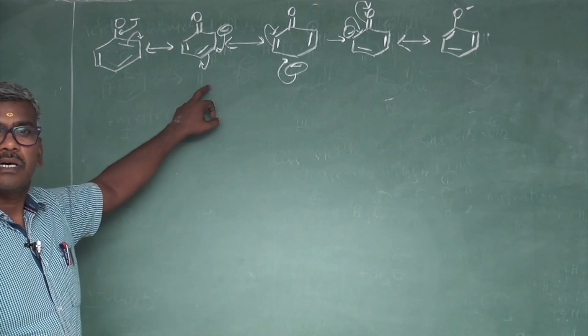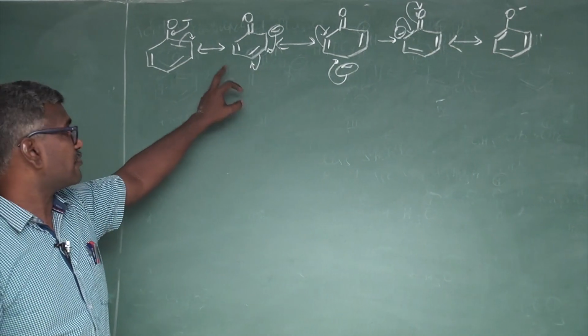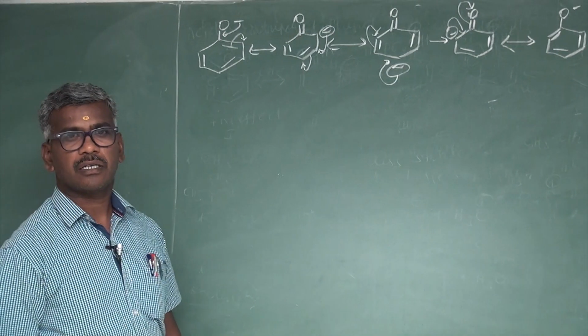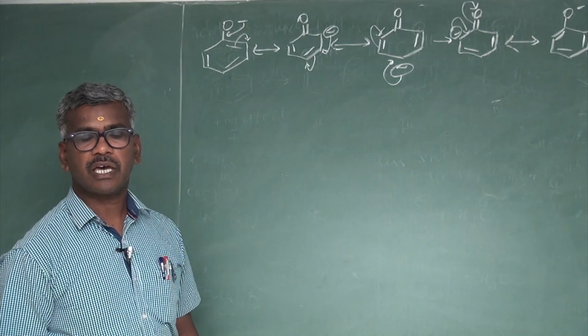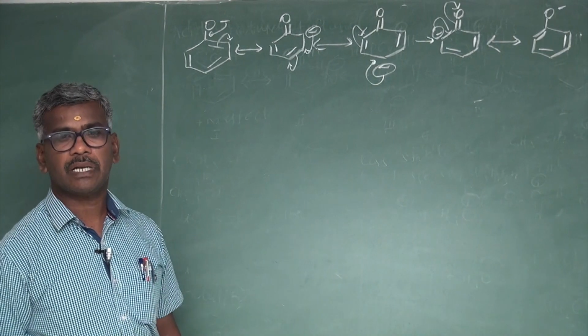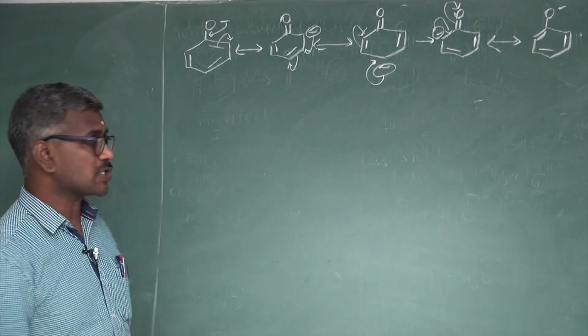This one shows the resonance stabilization of the phenoxide ion. Comparatively, phenol and phenoxide ion, the phenoxide is more stable because of less charge separation.